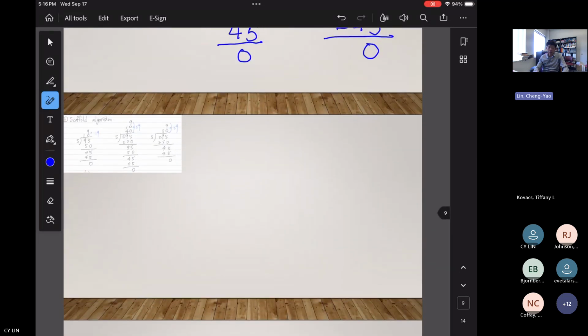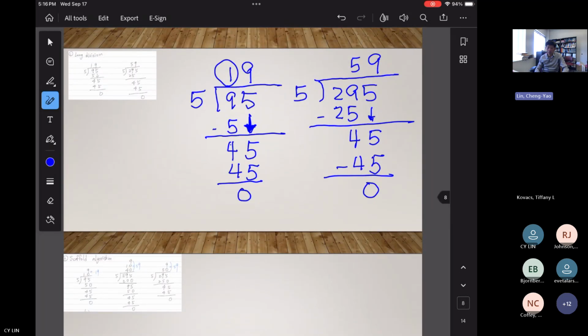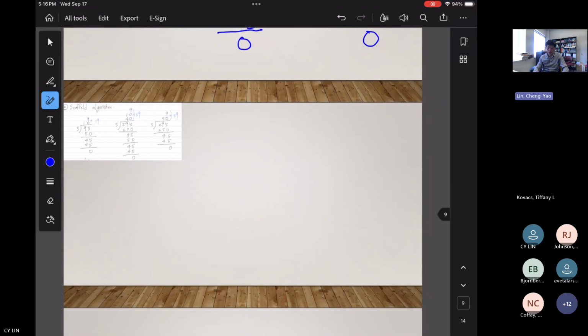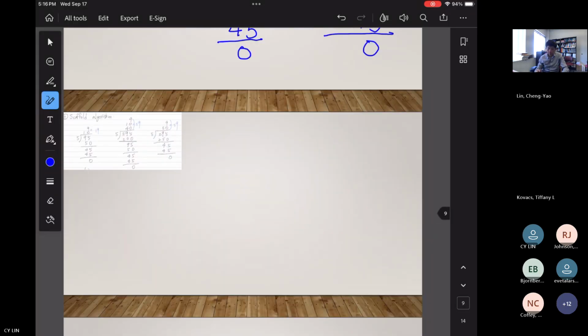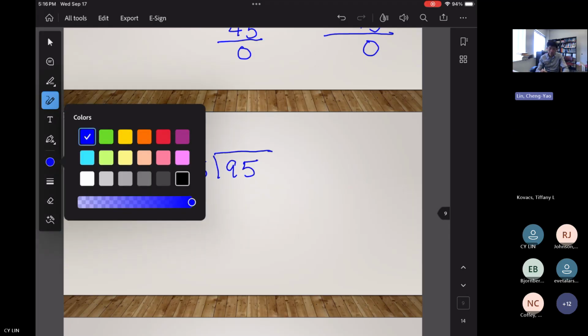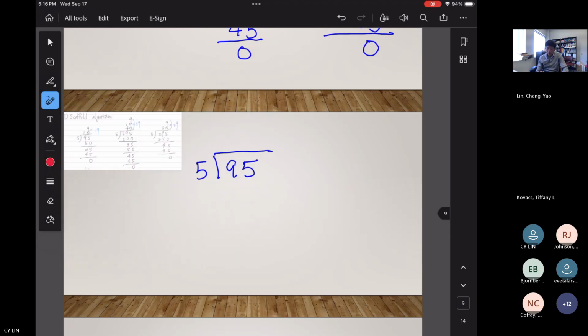The scaffold method, I like the scaffold method because it shows place value more clearly compared to the long division, okay? So for instance, scaffold method, 95 and 5. Okay, change the color here. So 95 divided by 5.